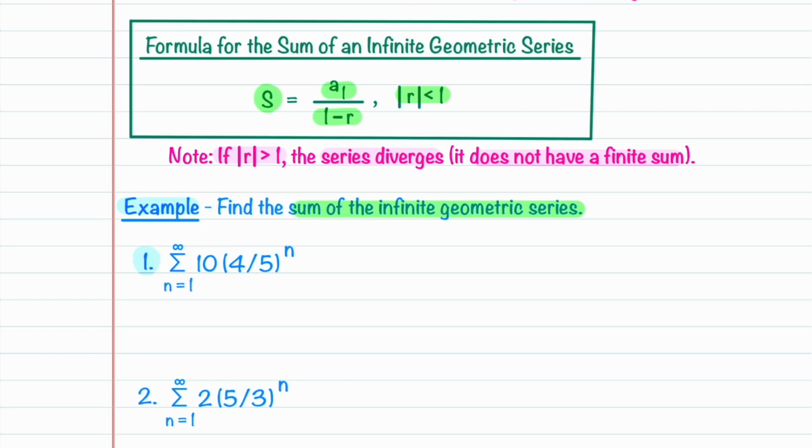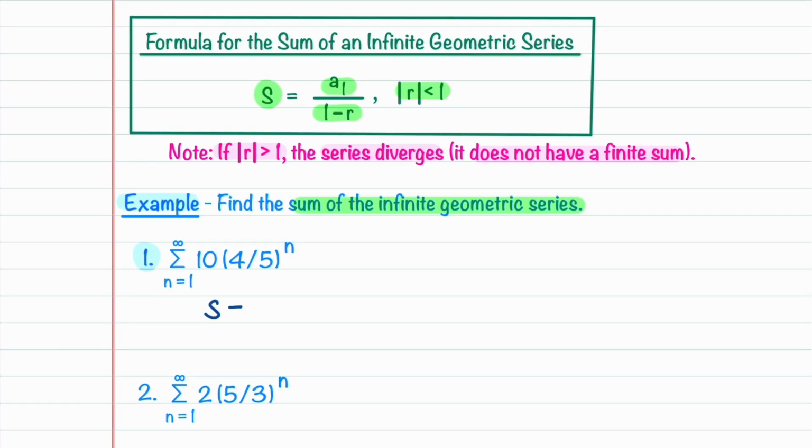Here's our first example. We're given the series in summation notation, and we want to start by writing down the formula. Our formula is S is equal to a1 all divided by 1 minus r. Now, we need to find a1. One of the most common mistakes I see students make is to just look up at this and say, oh, 10 is our first term.